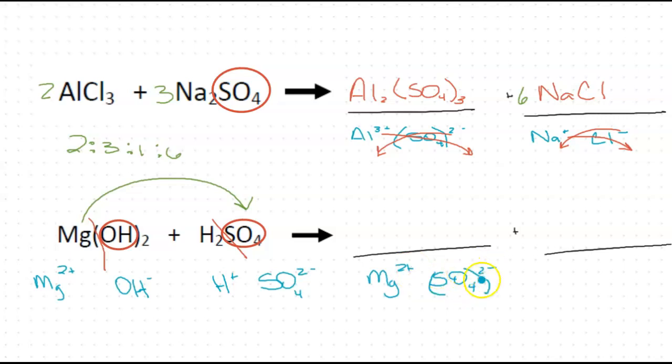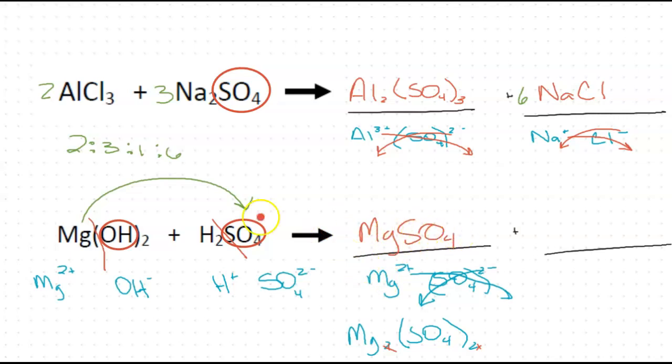When I crisscross reduce and I bring the 2's down, I start off with Mg2(SO4)2, but I can reduce those 2's to 1's, just like we practiced when we did our chemical formulas. So I'm going to make those 1's, and the final answer will be MgSO4 in the first blank.